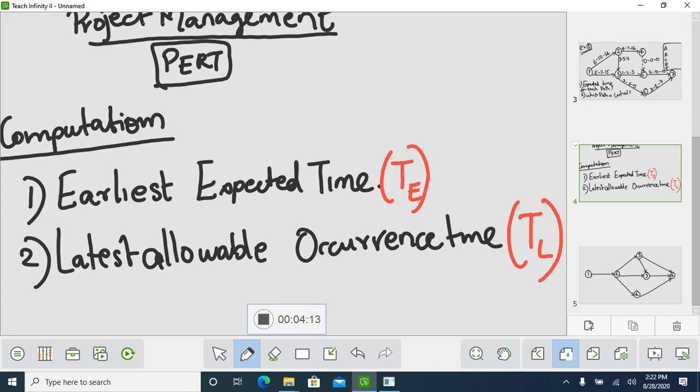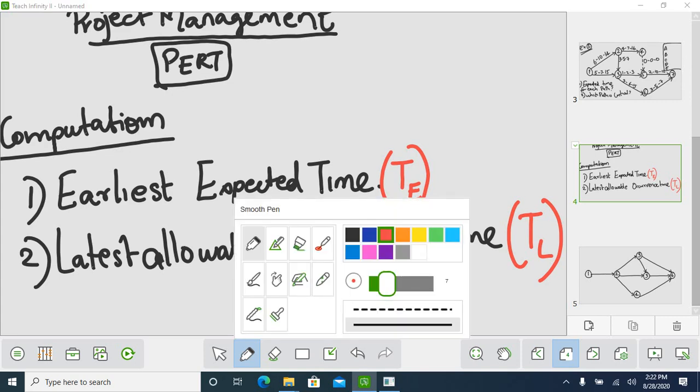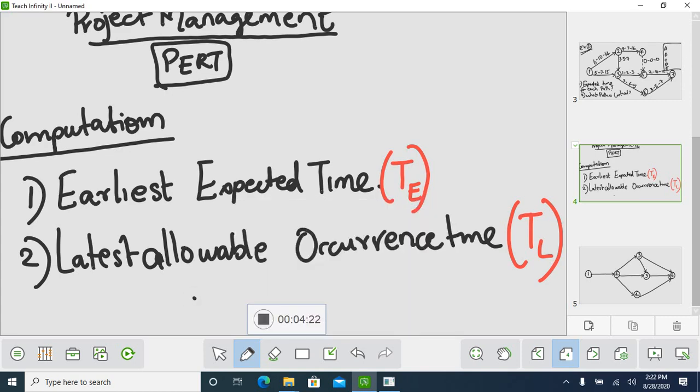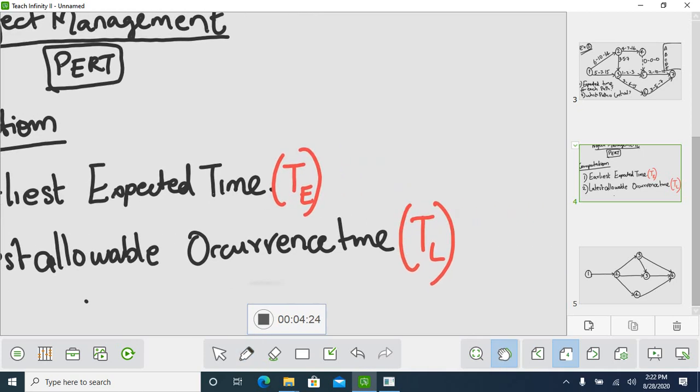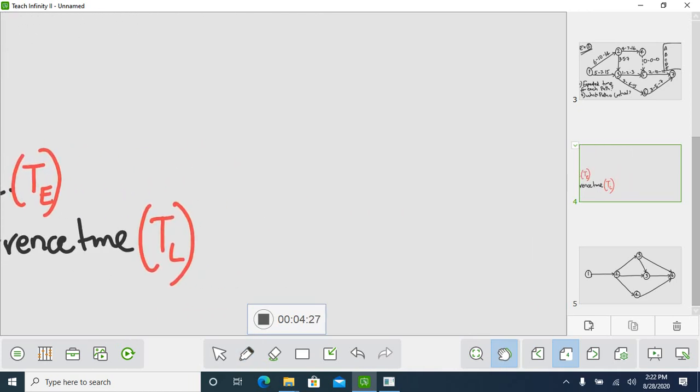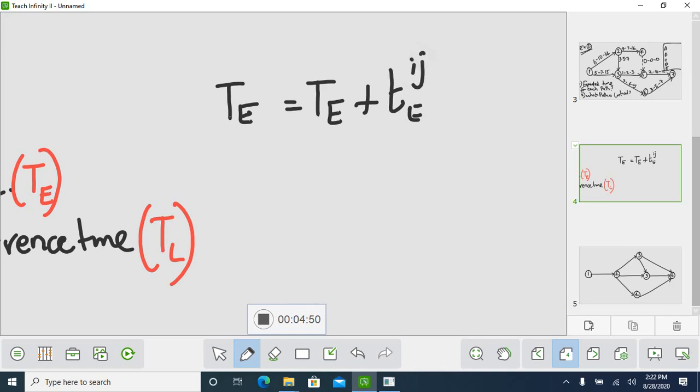I will be telling you the formula for TE. The formula is TE(j) = TE(i) + te(ij), where this is i and this is j.